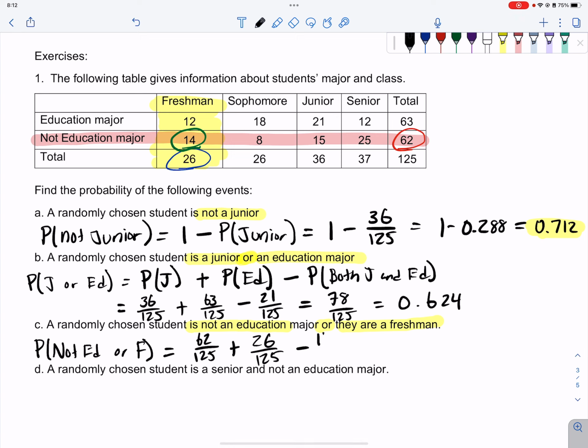So we need to subtract off 14 out of our 125. So now 62 plus 26 minus 14, and we get 74 out of 125, which then gives us 0.592 as our probability.